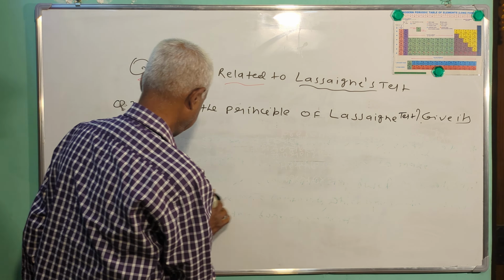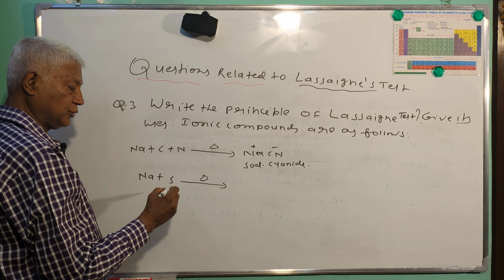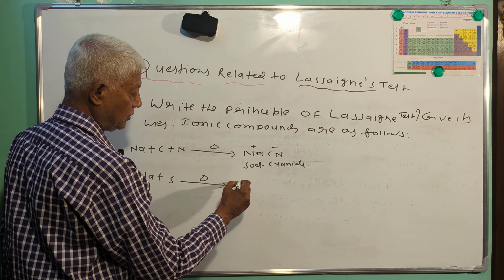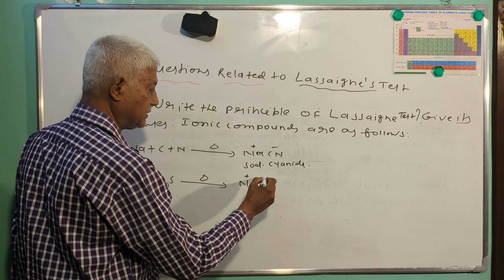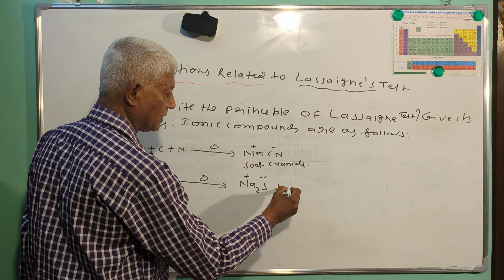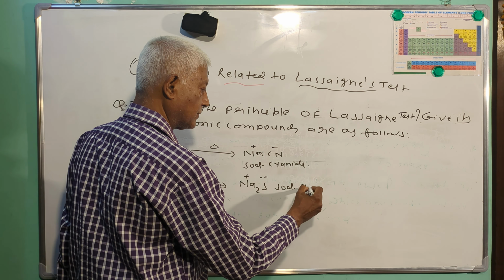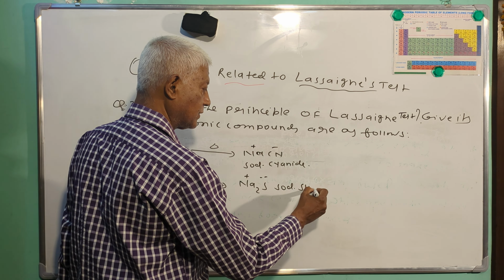Suppose the organic compound contains sulfur. When fused with sodium, what do we have? Na2S, sodium positive charge, sulfur negative. That is known as sodium sulfide, so there are two sodiums over there.